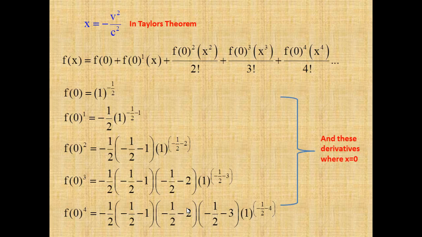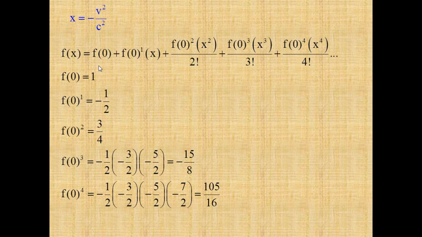Okay. So the function is 1. The first derivative is minus 1/2. Second derivative is minus 3/4. Third derivative is minus 1/2 times minus 3/4 times minus 5/2, which is equal to minus 15/8. Fourth derivative, multiply those out, and is equal to 105 divided by 16.